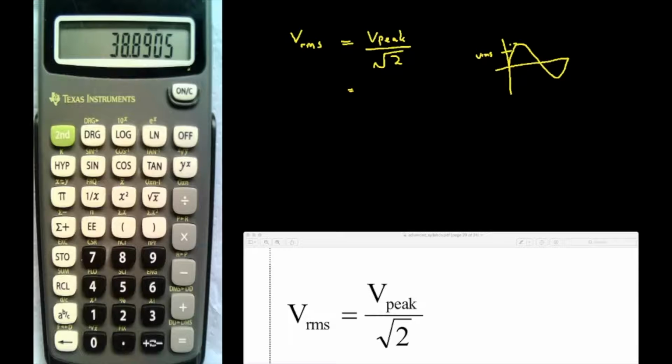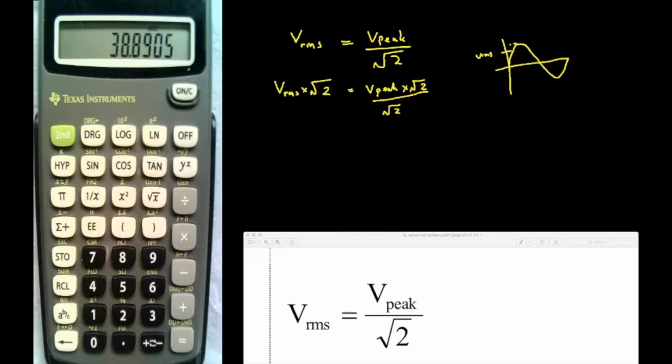Let's try that. VRMS times root 2 is equal to V peak times root 2 over root 2. So I've multiplied both sides by root 2.